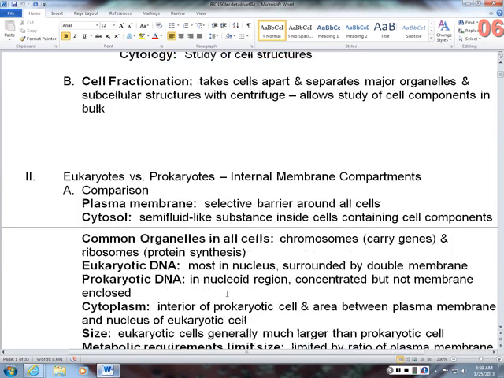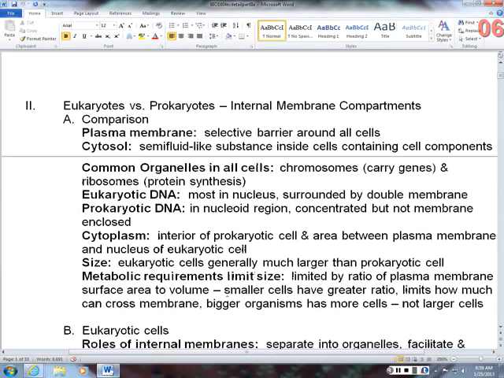So with the structures of cells, we divide those into the two main categories, prokaryotic cells and eukaryotic cells in there. Eukaryotic means true cell. And what's going to separate them is the internal membrane compartments. Eukaryotic cells have internal membrane compartments.